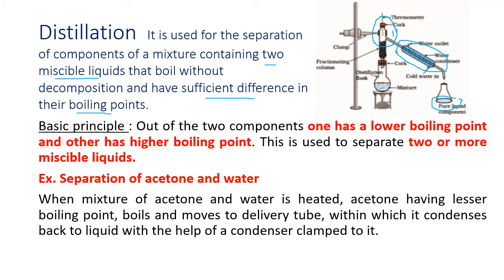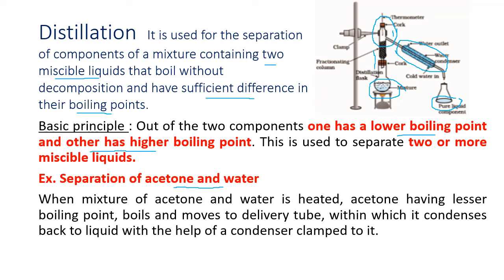So two liquids like acetone and water, see, acetone and water mix with each other very easily, but their boiling points are different. So when we use distillation, one has a lower boiling point and the other has a higher boiling point. Remember, when the boiling points are different, you have to maintain the temperature. When you start to boil this mixture, acetone has a low boiling point, so it starts to vaporize easily.